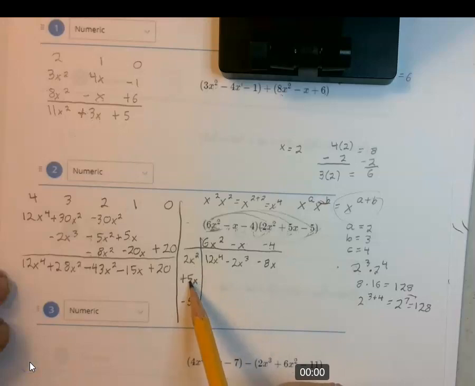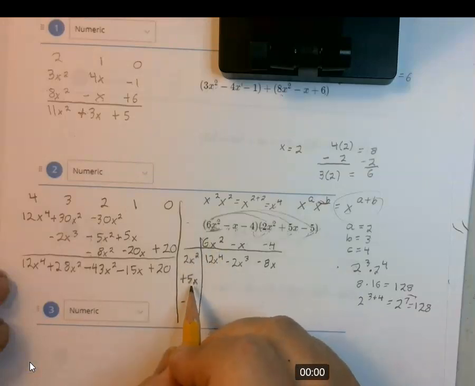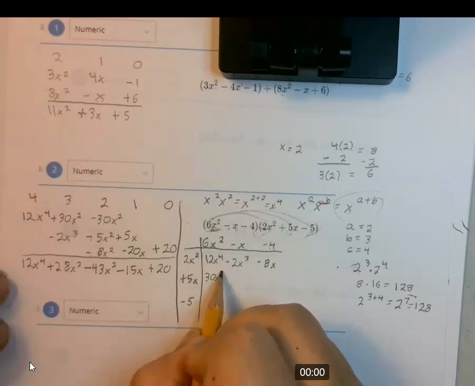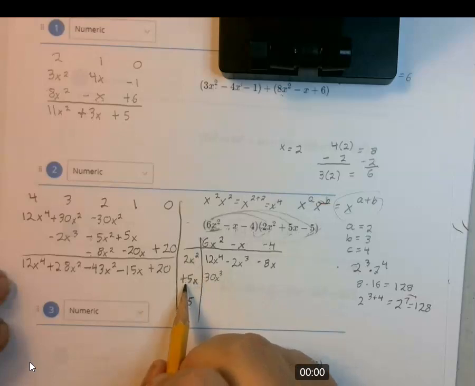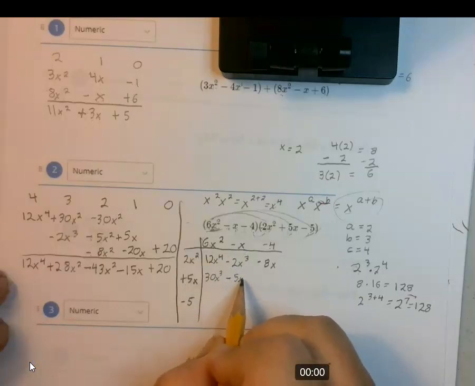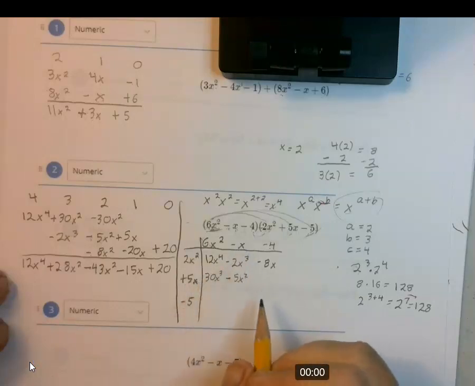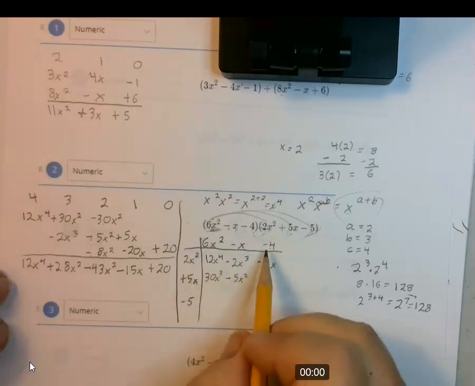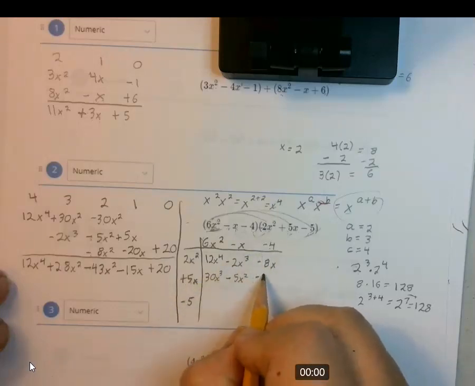And you multiply these two, so 5 times 6 is 30, and then it's x squared is going to be x to the 3rd. And then you multiply 5x times negative x, that's going to be negative 5x squared. Again, x times x is x squared. And then finally 5x times negative 4 is negative 20x.